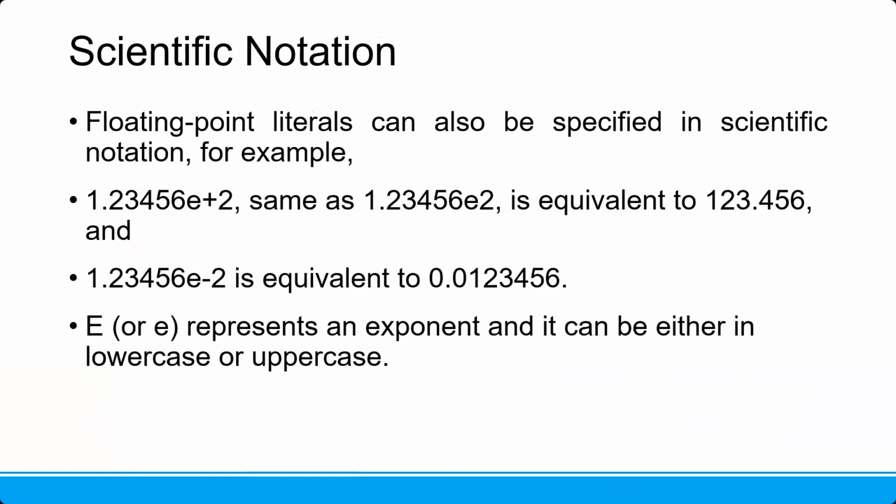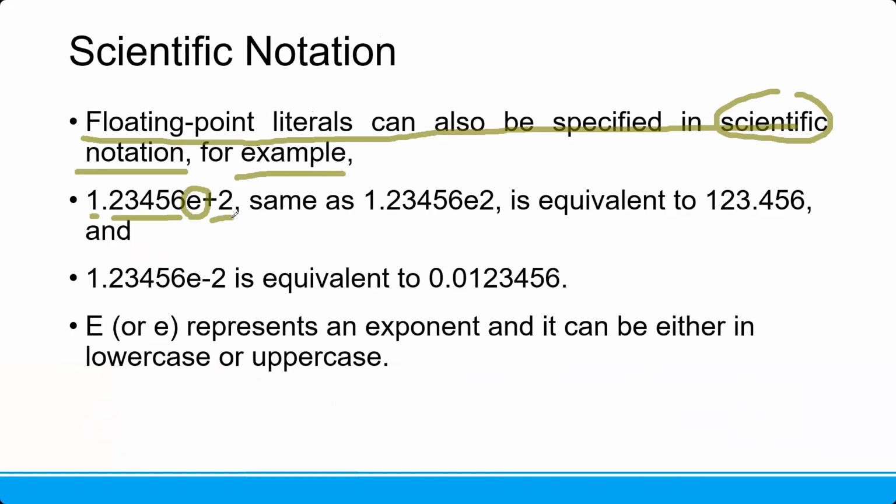Some additional note that you need to understand is about the floating point. Sometimes you will find numbers in Python that are not common. Not common means the floating point literals can also be specified in scientific notation. For example, you have a number like 1.23456 E plus 2.